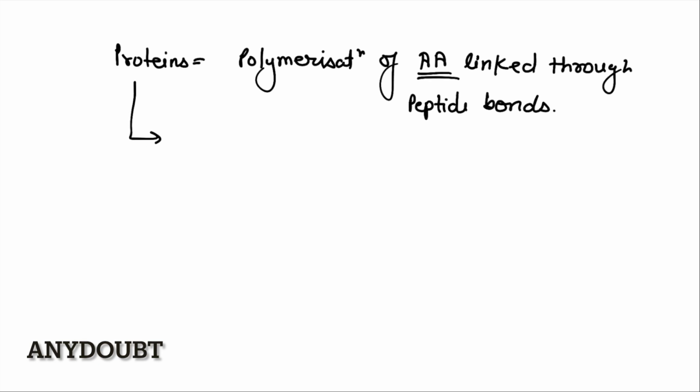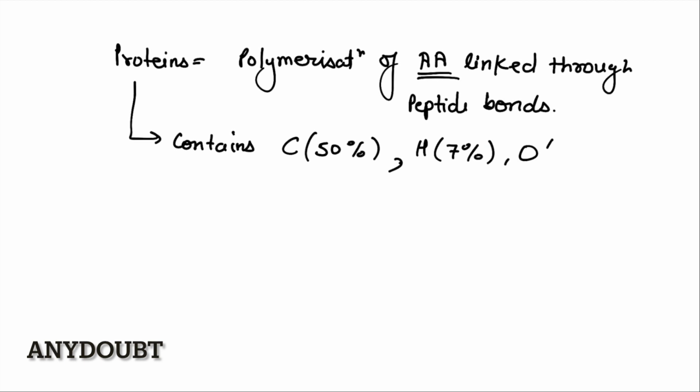Now these proteins contain carbon. If we talk about the ratios, 50% carbon is there, 7% hydrogen is there, 20% oxygen is there, 16% nitrogen is there, sulfur is 0 to 4%.